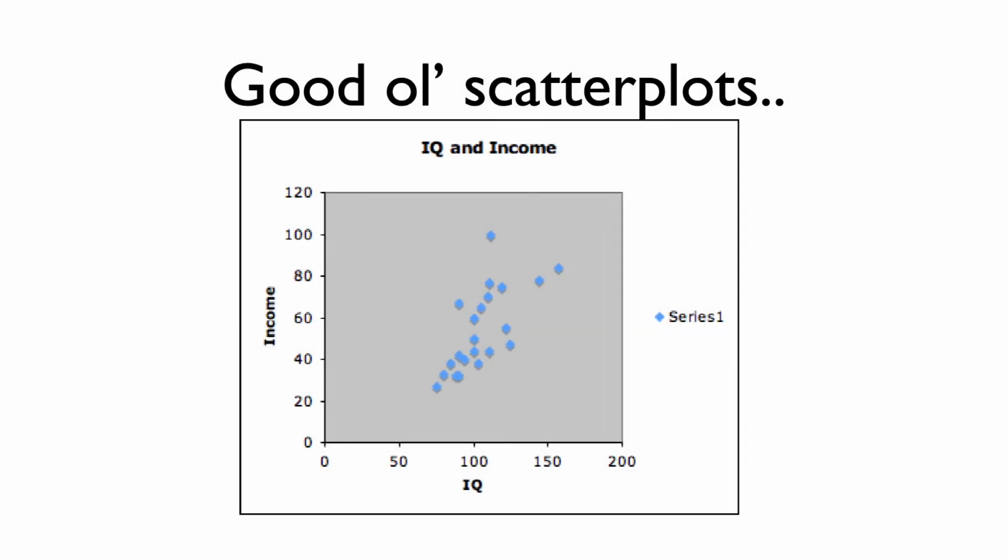So scatter plots are great. Here's one that I wish was this tight. This is income and IQ. There actually is a pretty strong correlation between income and IQ. It's about 0.5. That said, a 0.5 correlation is not really a tight correlation. But let's pretend that that's true.